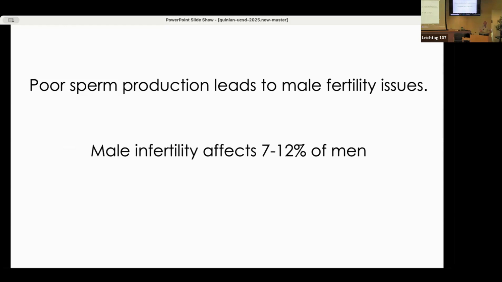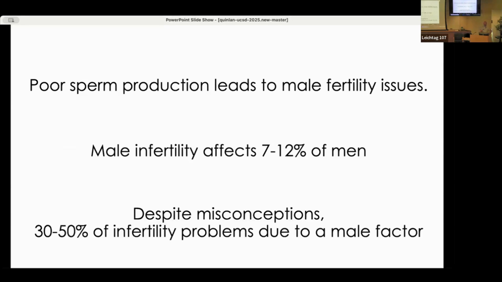One of the things that is, I think, poorly appreciated is that male infertility affects roughly 10% of men, and despite misconceptions, for many different reasons, that's a whole other discussion. It turns out that, in fact, 30 to 50% of infertility issues that a couple faces are male factor. Historically, I was always taught that it's like 80, 90% female factor. That's not true.